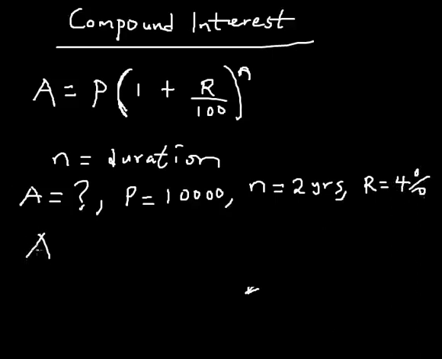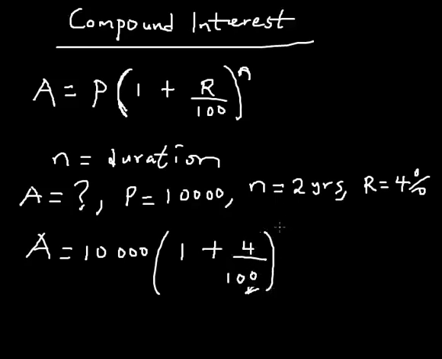Simple. The amount is going to be equal to the principal, 10,000, bracket open 1 plus the rate, 4, divided by 100, raised to the power of the duration, 2 years.